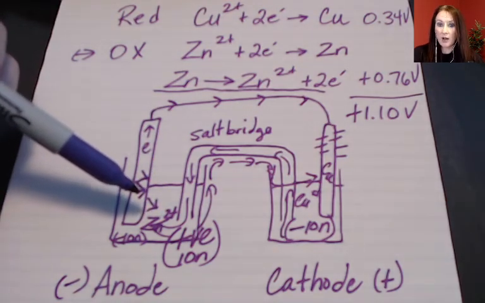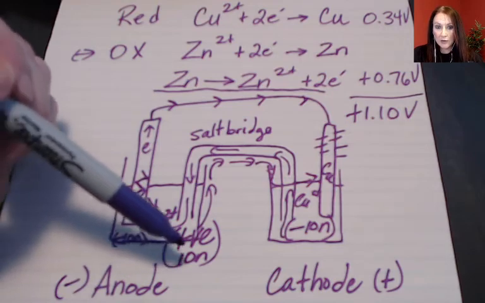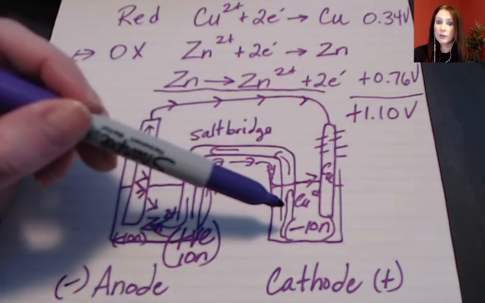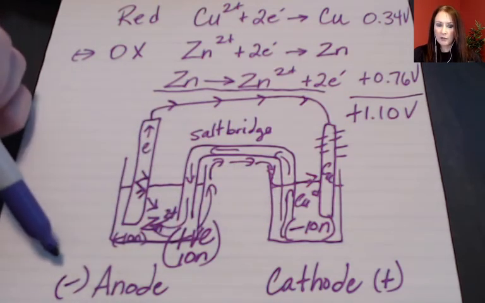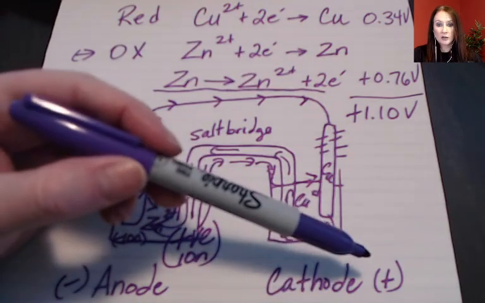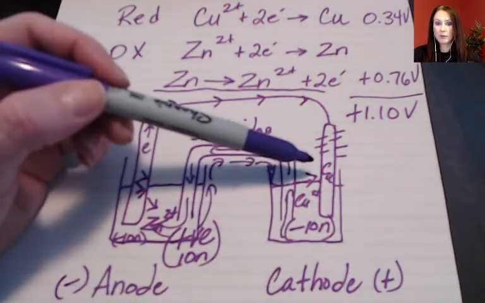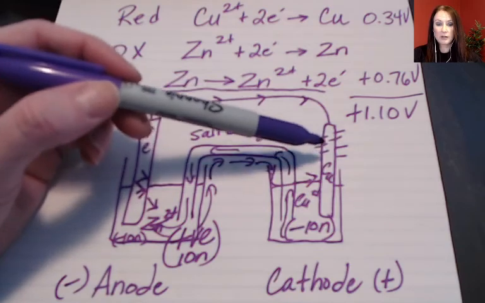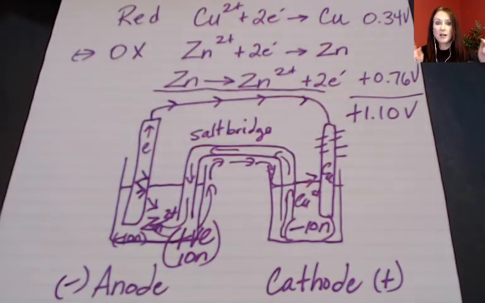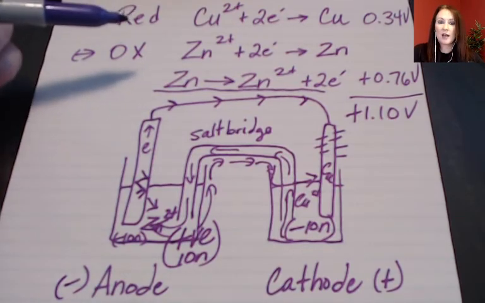Your positive ion flow is anode to cathode through the salt bridge. Your anode is your negative terminal initially. Your cathode is your positive, right? But we're building up negative charge here from these electrons. That's what causes your ions to move, one to the cathode side, one to the anode side. So there's a lot happening here.